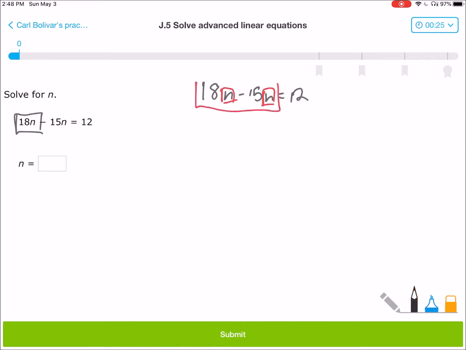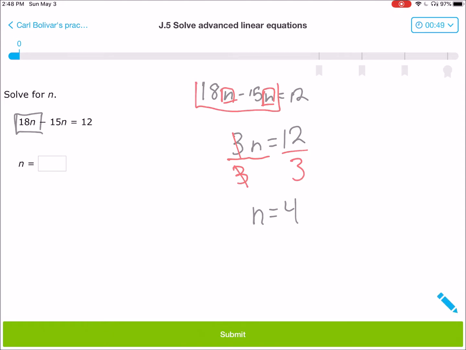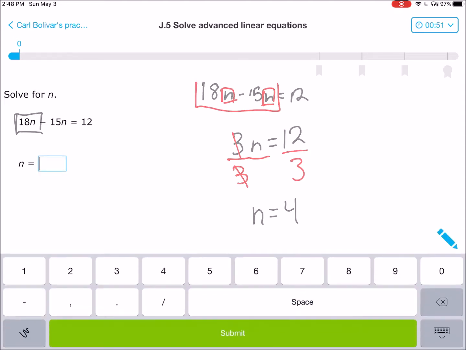So we simplify it to 18 minus 15, which is 3n is equal to 12. In the last video, we knew that we had to divide each side by 3 when there is 3n. So we divide each side by 3 and we get n is equal to 4. 12 divided by 3. So our answer will be 4.